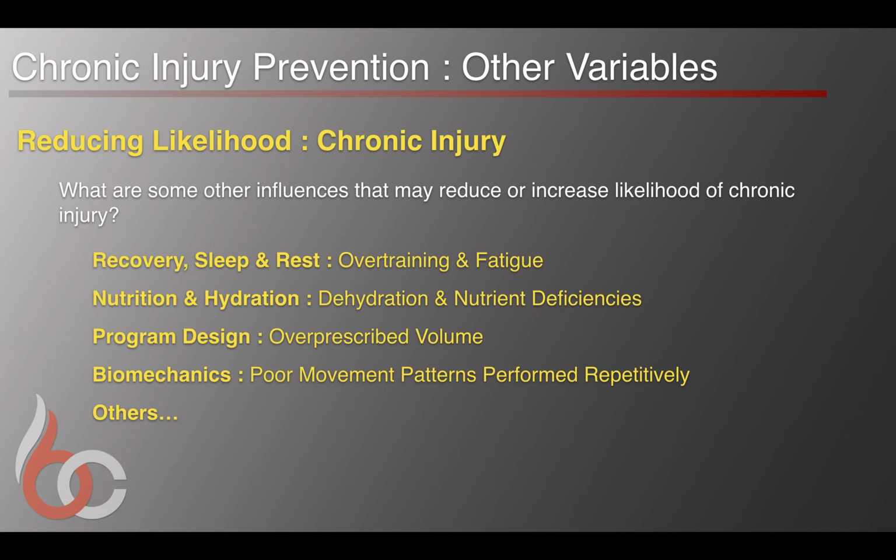We can see that when we compare ourselves to pro athletes and we say, well, how can I be overtraining with only 12 or 15 hours a week of training volume, but somebody like LeBron James can train 30 hours in a week and not be overtraining? That doesn't make any sense. Well, it does if we apply the amount of recovery and the amount of sleep and the amount of rest that we are able to manage and the amount that somebody like a professional athlete is able to manage.